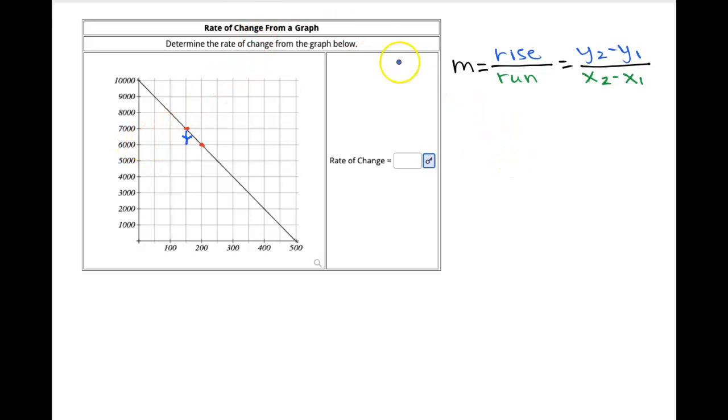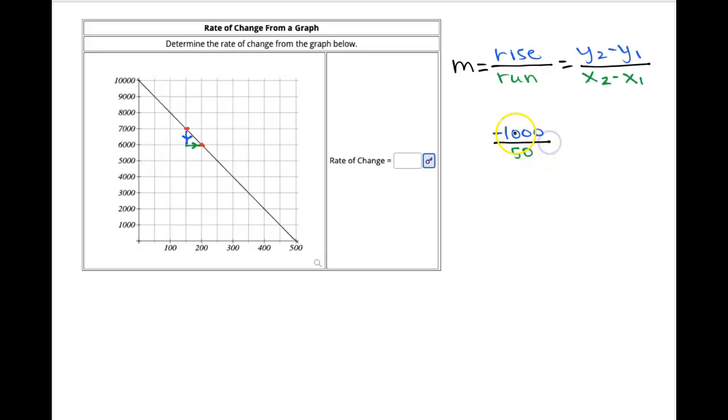So that would mean that my rise is 1,000, and it needs to be negative because I'm going down. And then my run is going from, that looks like it's 150, right, to 200. And so 150 to 200 is going to be 50. So 50 needs to be on the bottom, right?